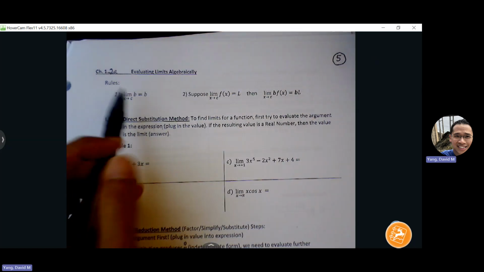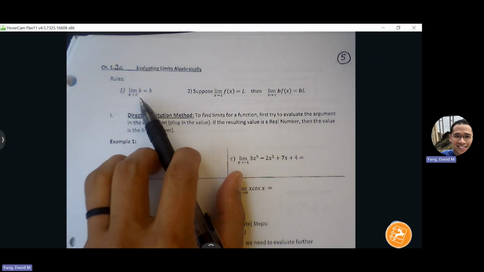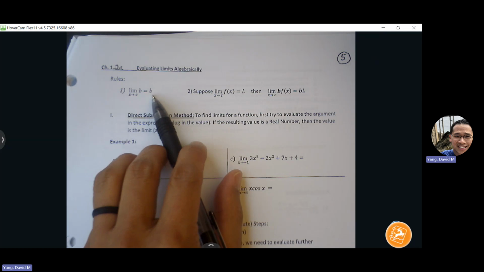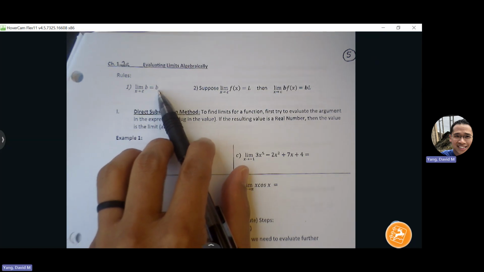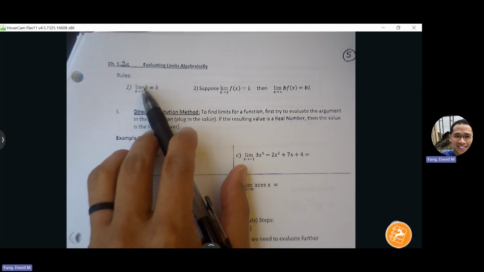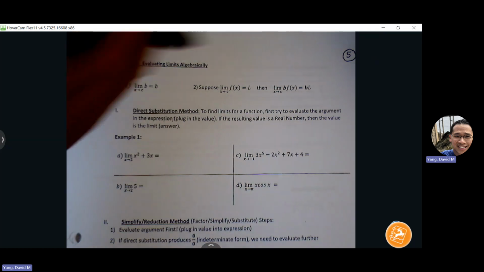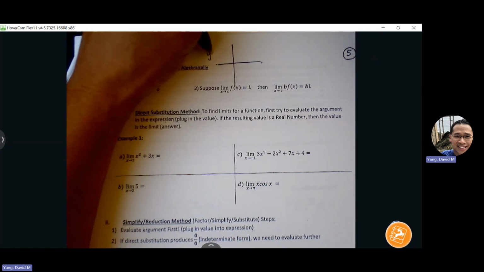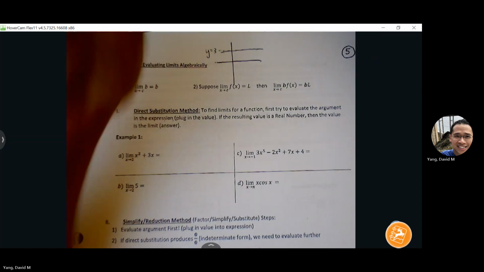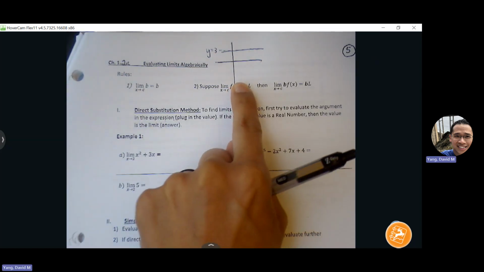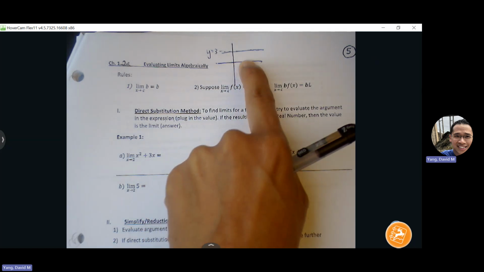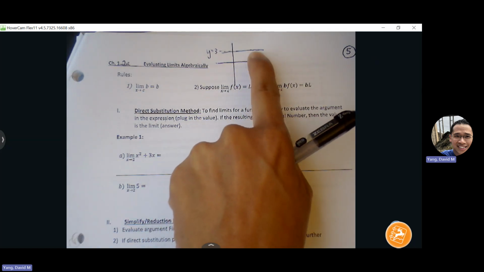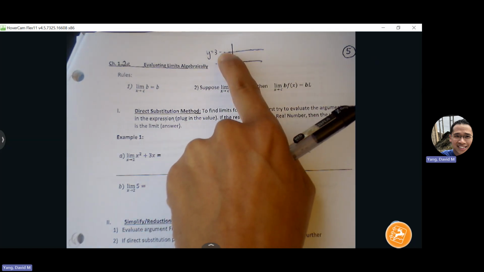Okay, so here's the first rule. The limit as x approaches c of b is always equal to b. So b is just a constant. Let's say we had a graph that was like y equals 3. It doesn't matter if we're approaching 5 or 6 or 8 or 9. Your y value is always holding at that y value of 3.